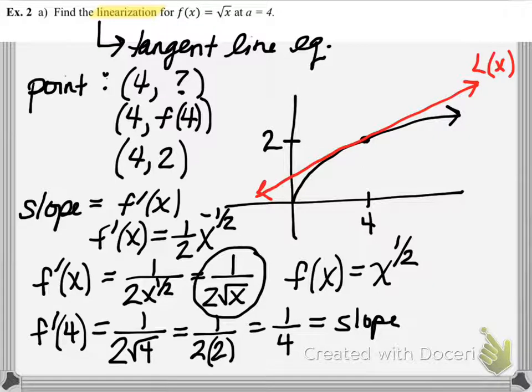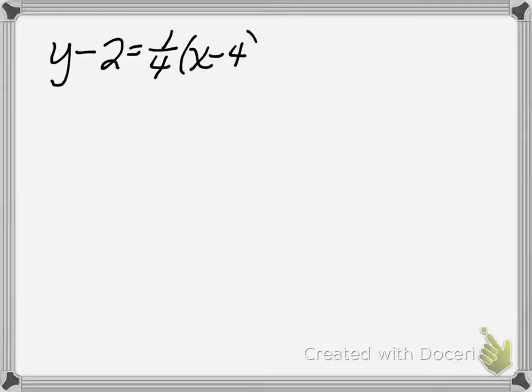So now looking at what we have, our point, which is 4, 2, and our slope, which is 1/4, we can write the equation for the tangent line with these two pieces of information. So that will be, in point slope form, y minus 2 is equal to our slope of 1/4 times the quantity x minus 4.